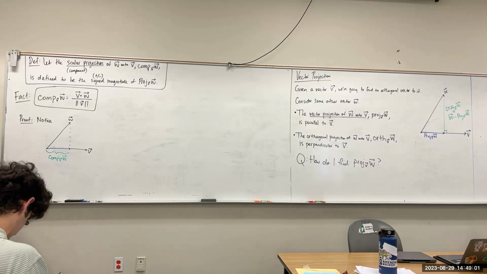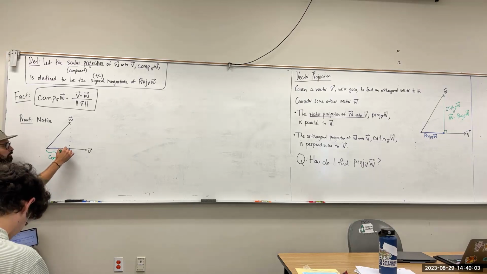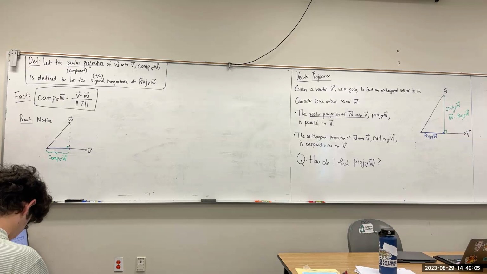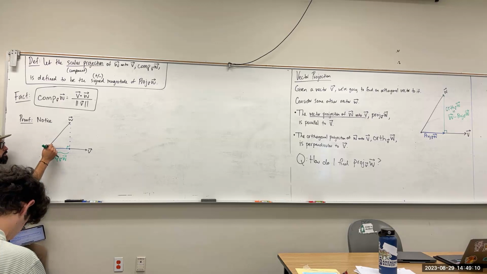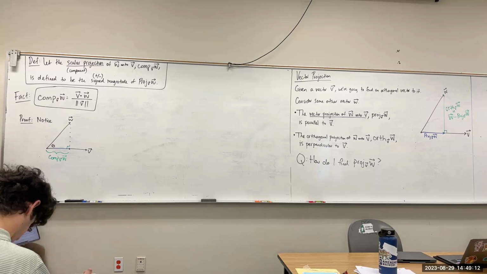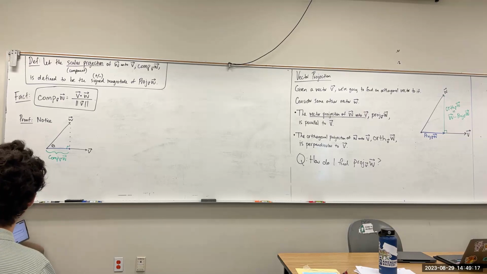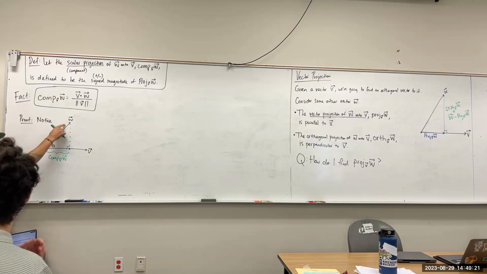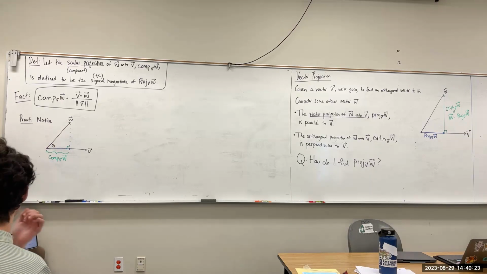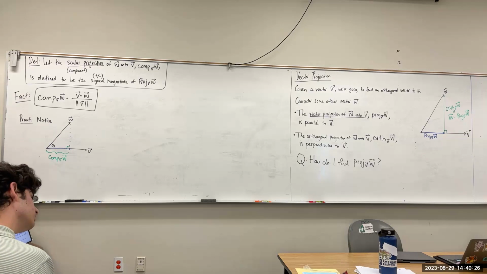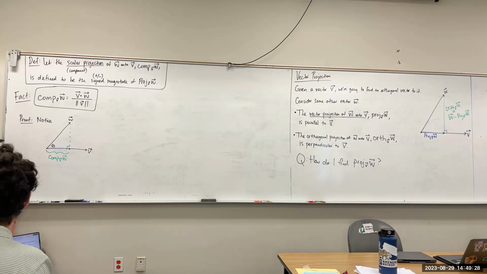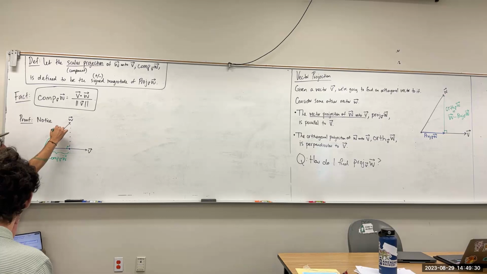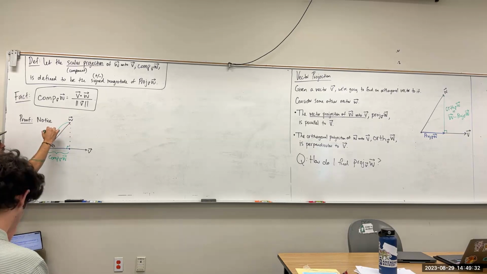That distance there. This is a right angle, and there's an angle between V and W. How long is this hypotenuse? If this is the vector W, that length is just the magnitude of W.